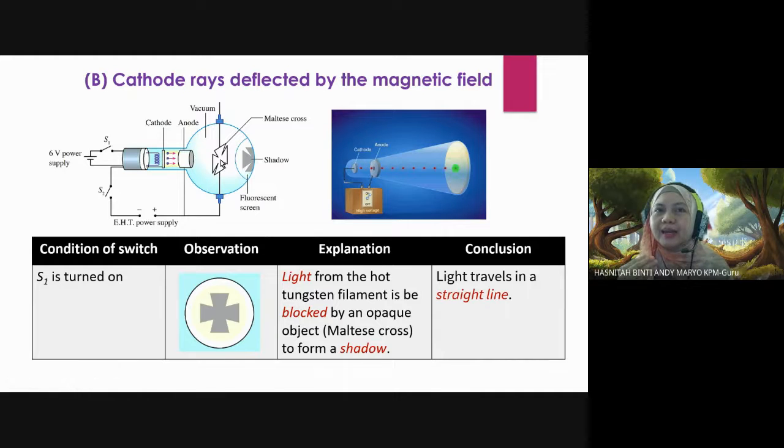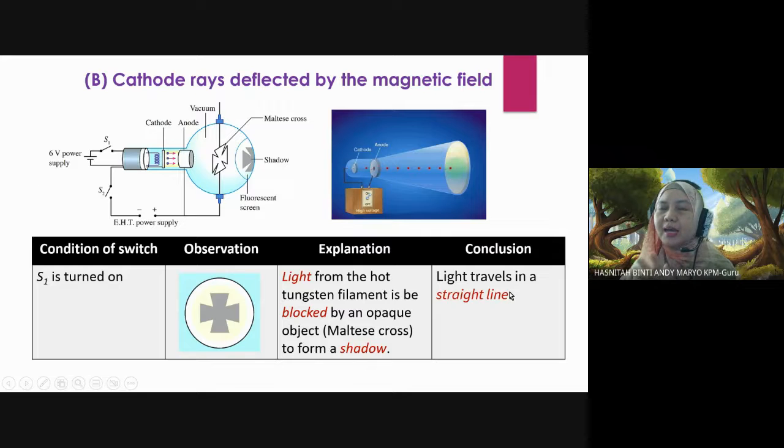It means light cannot pass through, it is not transparent, so it will cause a shadow to be formed. So you will see this shape, only a shadow, with no fluorescent green color, when only S1 is switched on. It means that light travels in a straight line.